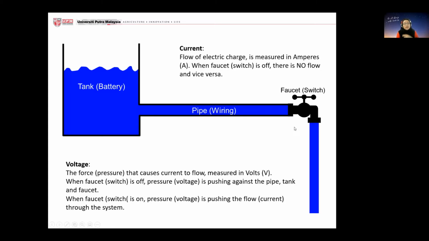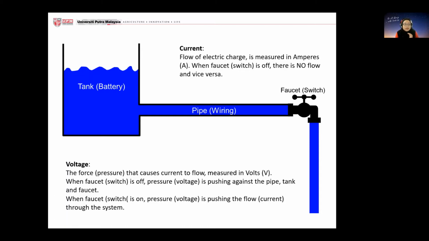And then you have current. Current is actually the flow of electric charge, and you measure that in amperes. If you Google this, if you look at current, amperes is actually the number of electrons per second. So remember always, if you have something per second or per time, it's going to be a flow, something that is moving.